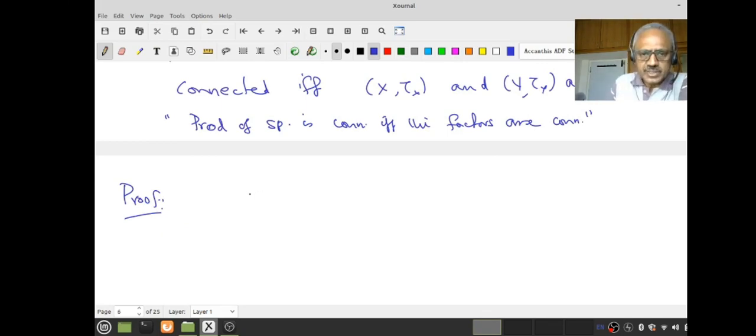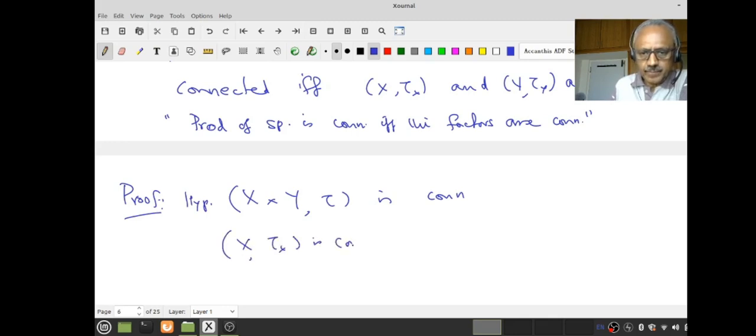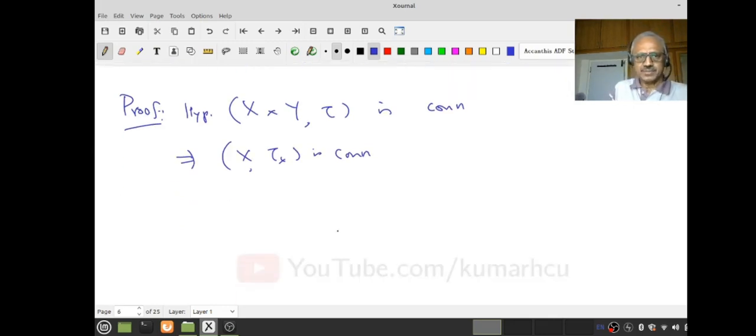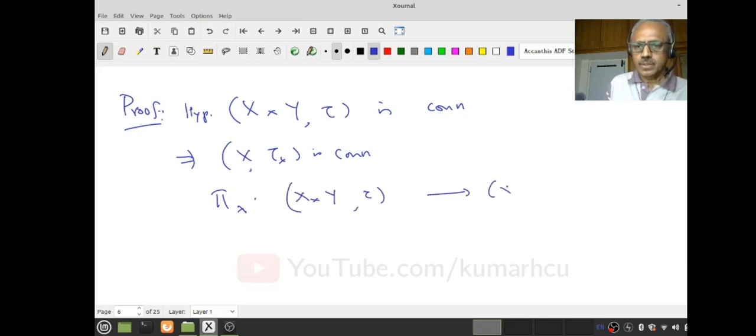Suppose x cross y is connected. This is my hypothesis. So I want to prove x tau x is connected, and similarly y tau y. But this is very easy. Why is it very easy? Remember, I always emphasize the role of continuous maps. They are very important. Functions are very important. So there is an obvious map, namely pi x from x cross y tau to x tau.